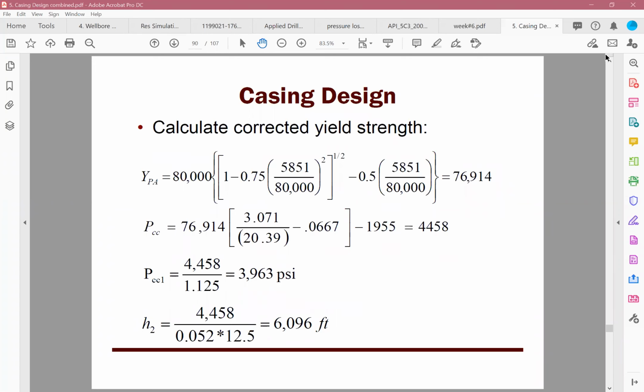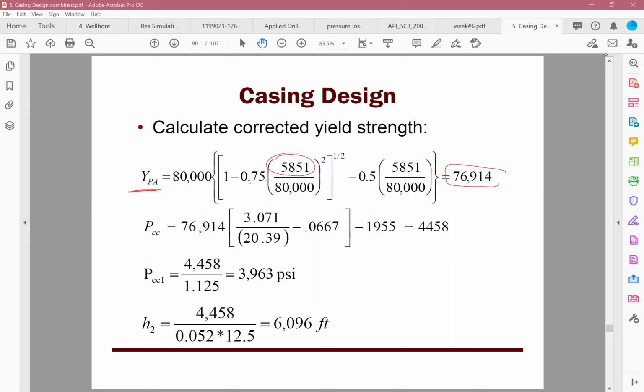And then we need to calculate a new yield strength for our casing. So that's 80,000, 1 minus 0.75, the new value of stress. And then this is 76,000. You remember previous one was 77,000 something, right? Now the new equivalent yield strength is 76,000. Again, we are in the plastic collapse because our D over T ratio has not changed.